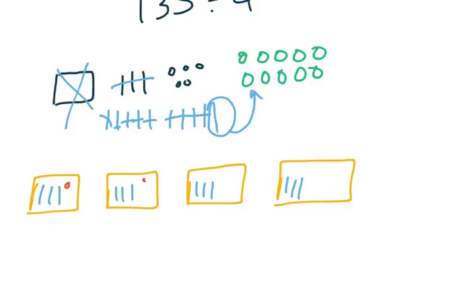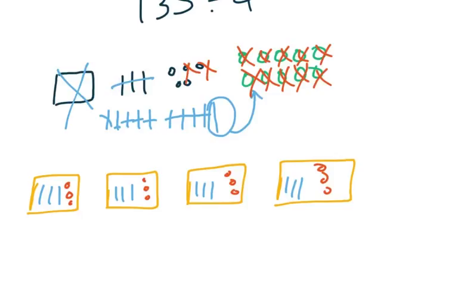So 1, 2, 3, 4. 1, 2, 3, 4, 5, 6, 7, 8. Cross out 4 more. Then go through, cross out 1, 2, 3, 4. And so now I see that I have 3 left over.